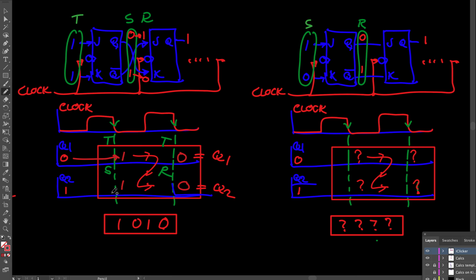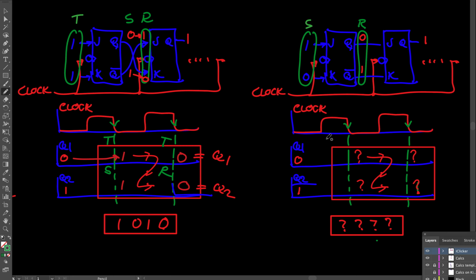So the data was set here, indicating that I have a 1 on Q2, which is this flip-flop here. And then as the first flip-flop changed its state due to the change that the first flip-flop endured, then it became a reset operation, and the final answer was a 0.